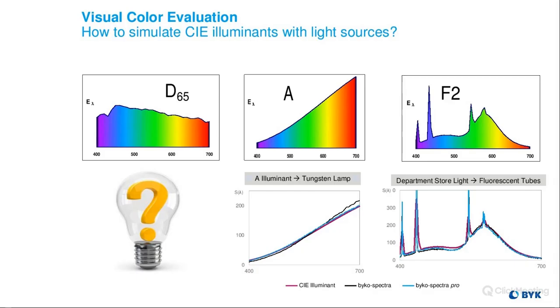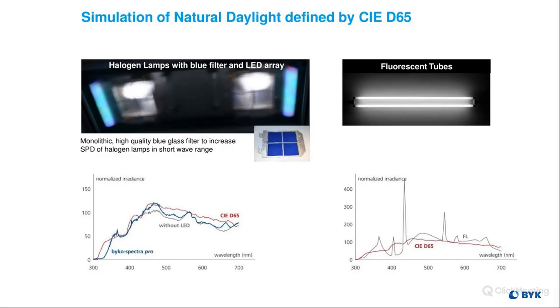But at Byk-Gardner, we had the question of, could we make it better? And so, we had the tungsten light and we had the fluorescent light pretty close, but the question was, could we make the D65 light better? So the short answer is yes. How we did that, we used some special halogen lamps with some blue light filters and LED arrays.